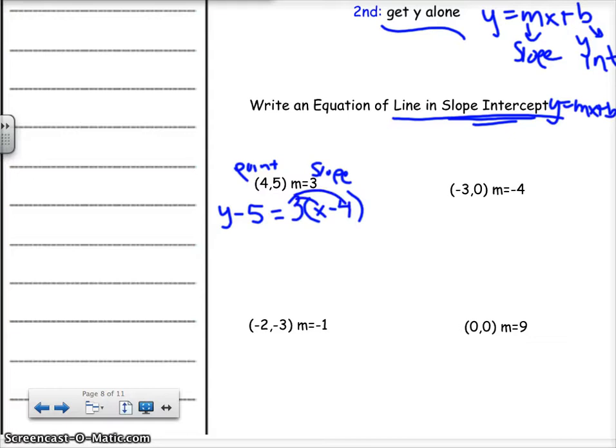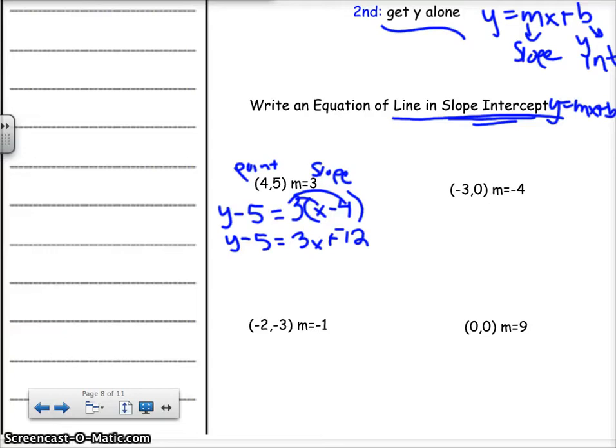Distribute. My instinct says, hey, I need to distribute. So then that would turn this into y minus 5 equals 3x minus 12. This is really plus a negative 12. Now, is y alone? Y is hanging out with this negative 5.